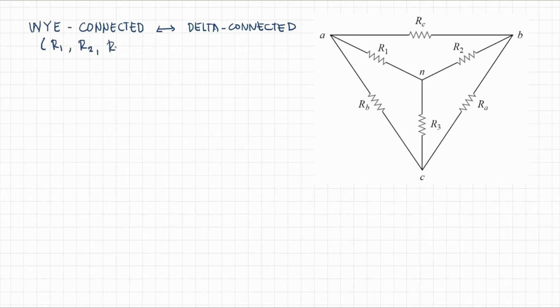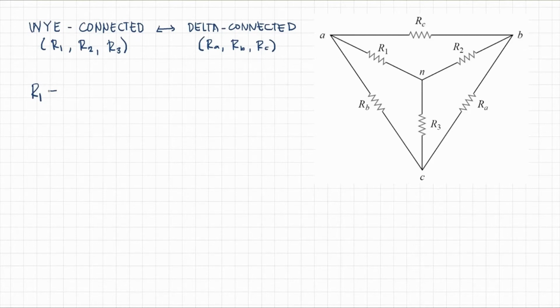So dito sa ating example, we have a Y-connected R1, R2, R3 and we have a delta-connected RA, RB, and RC. We'd like to establish a formula that relates each and every one of them, no? For example, we are interested in looking for R1, so meaning we are to look for the Y-connected out of the delta given.